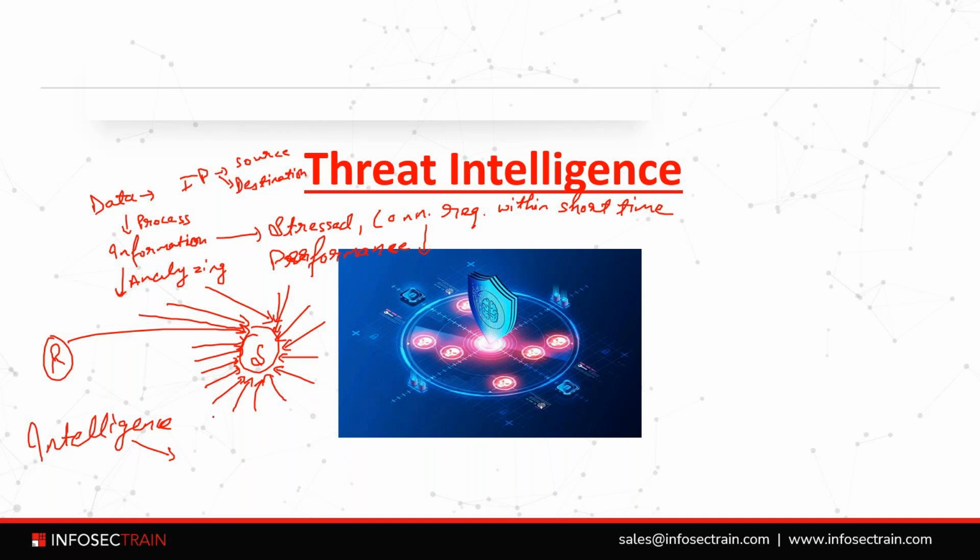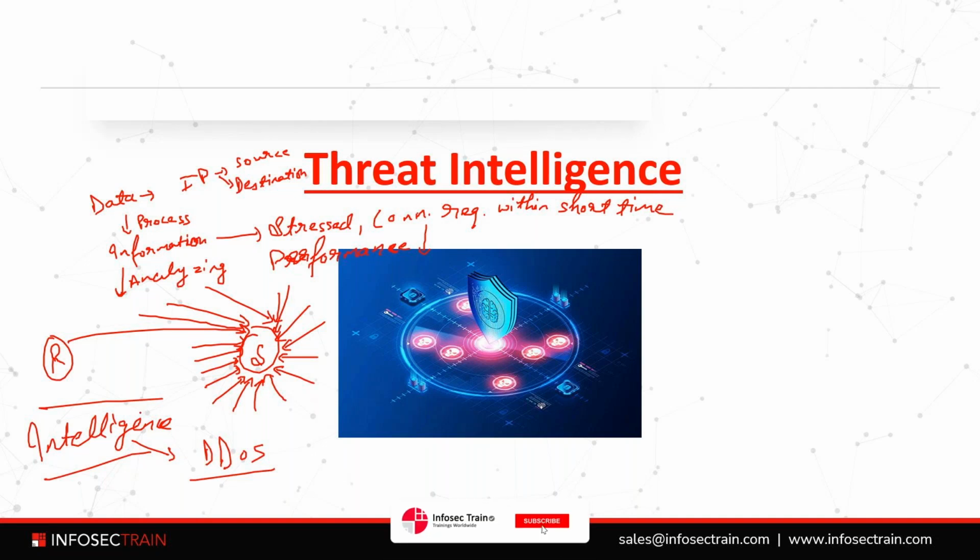DDoS, distributed denial of service. So as per your previous experience, your company's records or incident playbook, we handle that attack, DoS attack, DDoS attack. That's how your intelligence helped you take care of it. Similarly, we go for different platforms. I'll try to give you an idea about that later.